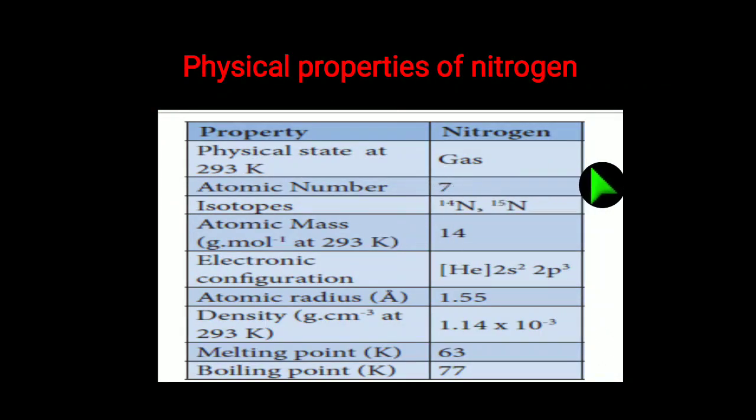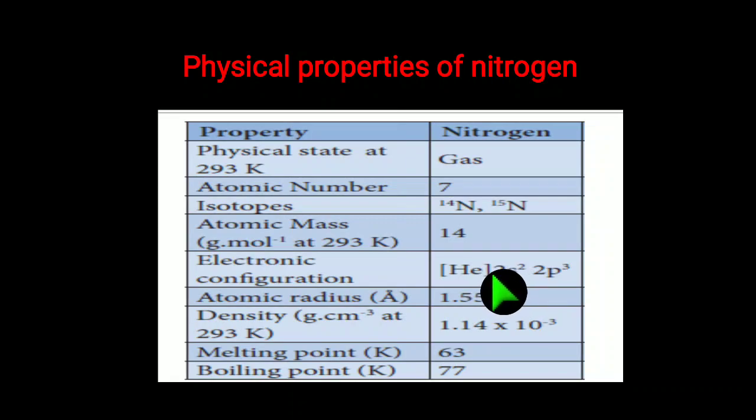Here we can find the physical properties of nitrogen. Nitrogen's state is gas, atomic number 7, isotopes with mass 14 and 15, atomic mass 14, electronic configuration 1s2 2s2 2p3.